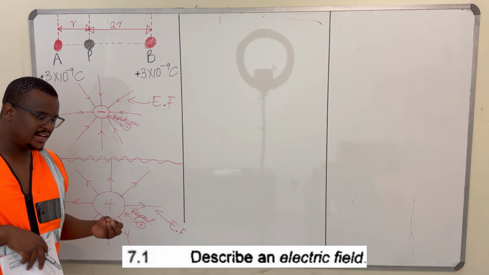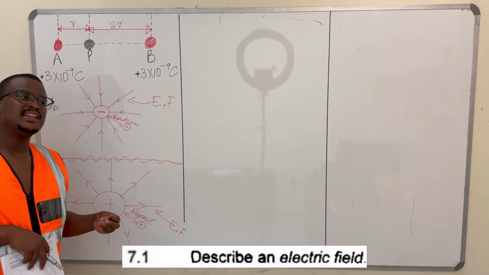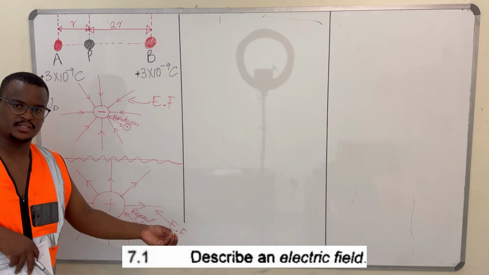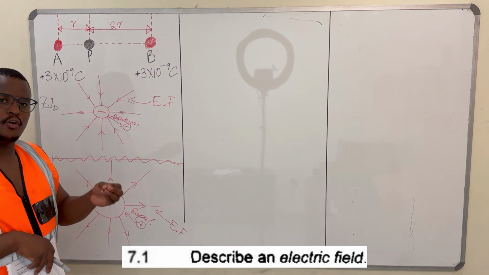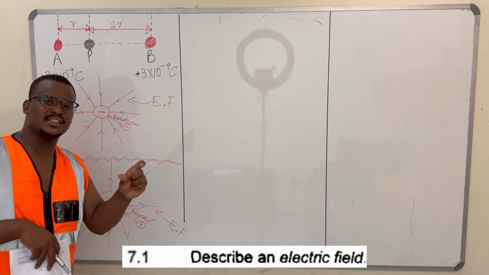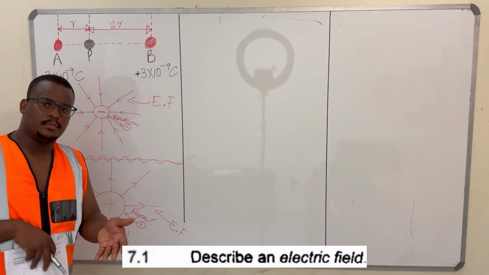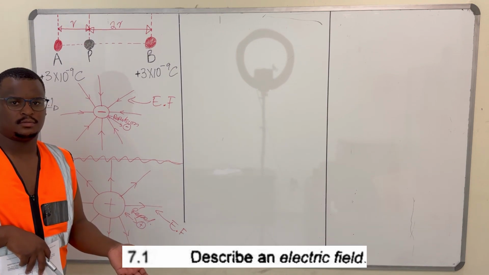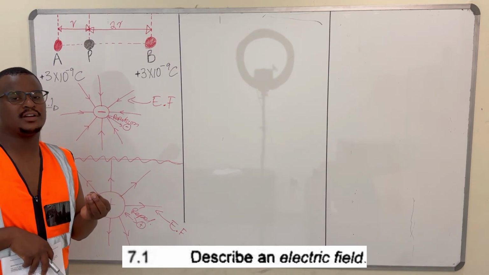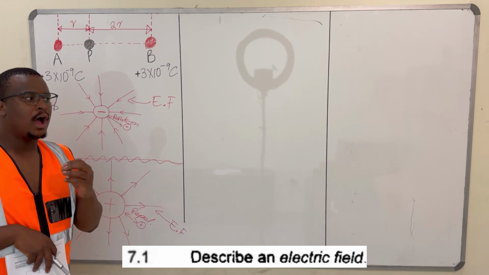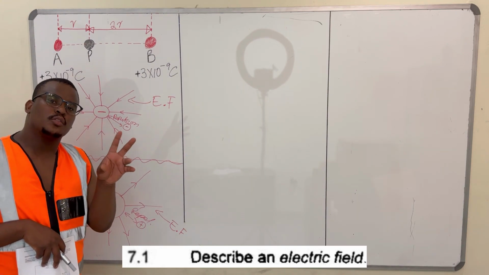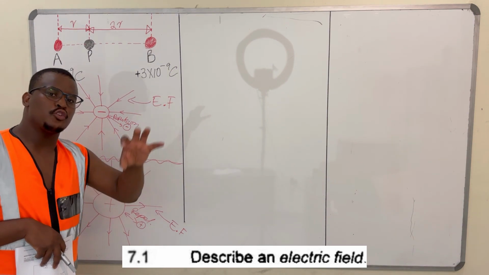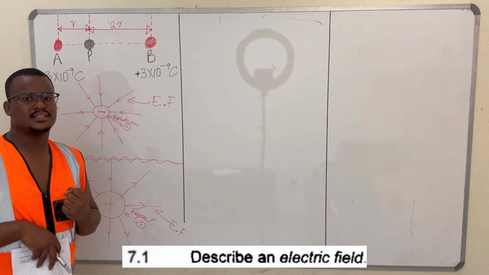Because when I'm defining it, I'm saying the electric field is the electrostatic force experienced by each coulomb of charge at a point, right? So it's not a force, but it's a measure of how much force per coulomb, how much force per unit charge at that point. I would not want you to think of it as a force, but it's the magnitude of the force felt by each charge. Amount of newtons per coulomb. That's what an electric field is.